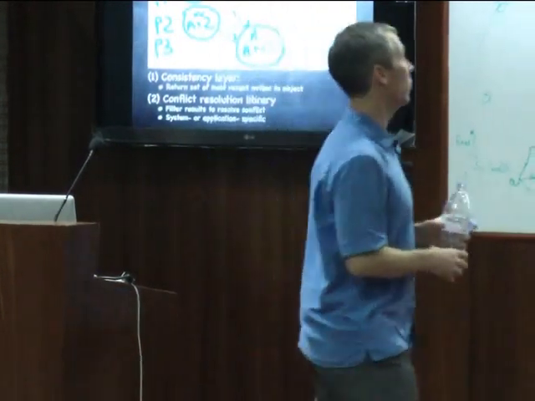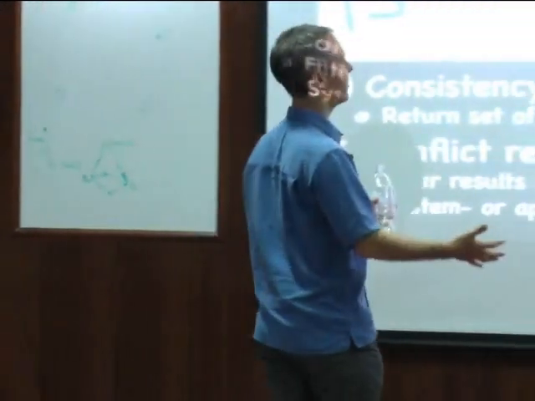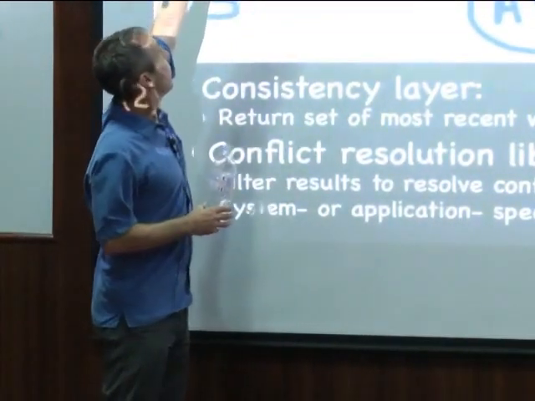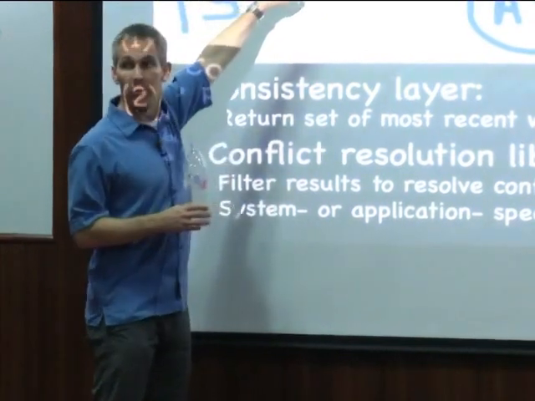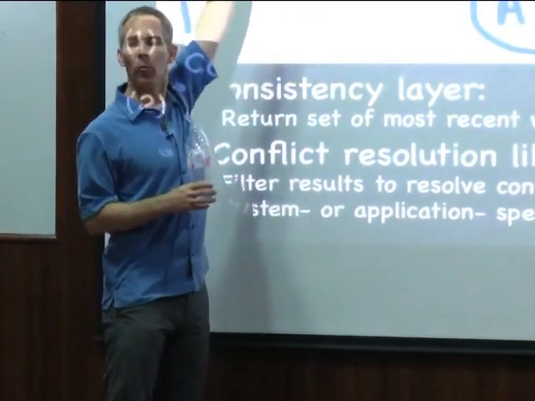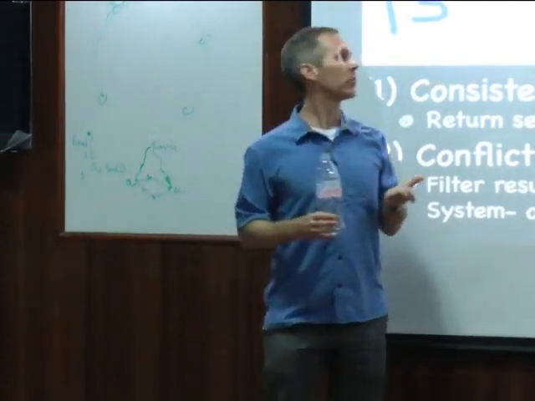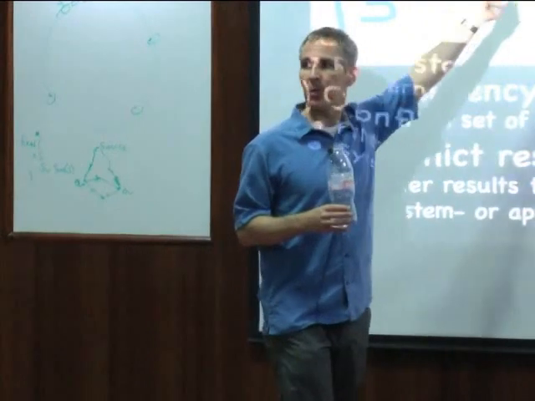Well then, rather than have my consistency layer try to say that either 1 happened before 2 or declare that 2 happened before 1, neither of those things is true. What really is true is that both these updates happen concurrently.